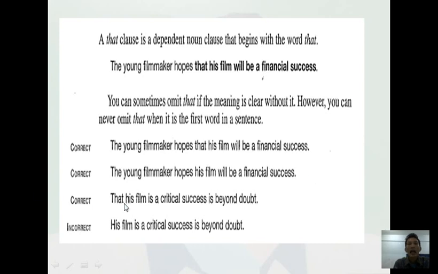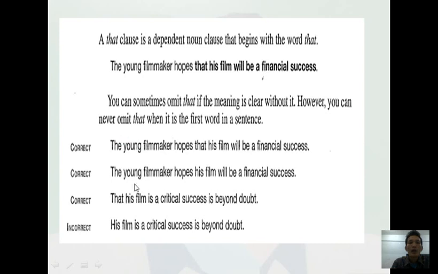Or, that his film is a critical success is beyond doubt. But you are not able to write, his film is a critical success is beyond doubt. Why? Because there are two verbs here: is and is. In the first example, will be goes with hopes, and it is attached by the word that.